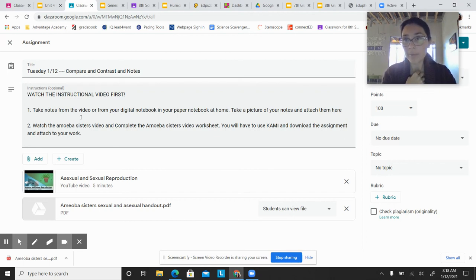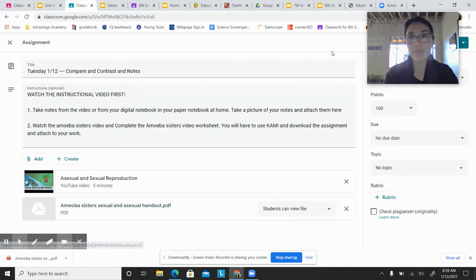Writing helps you remember, and it's there for you whenever you need to study for your test. Take a picture of your notes and attach them. Then you're going to watch the whole Amoeba Sisters video and complete the Amoeba Sisters video worksheet below. You'll have to use Kami and download the assignment to attach it to your work.